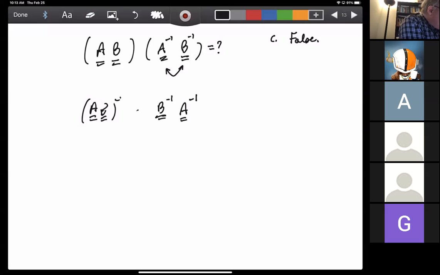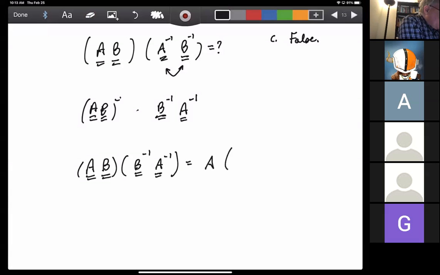And you can actually see that by putting these together, multiplying these together. Right, so if you regroup, the B times B inverse gives you the identity.